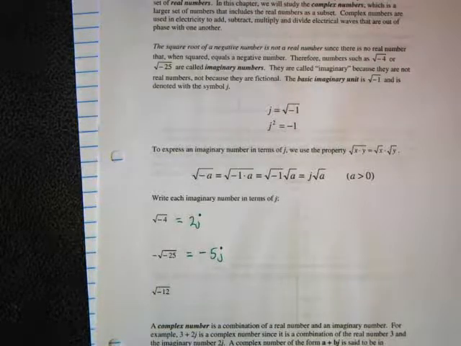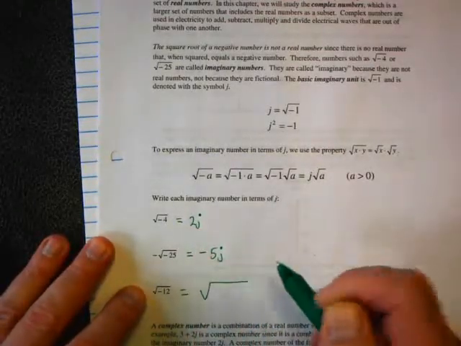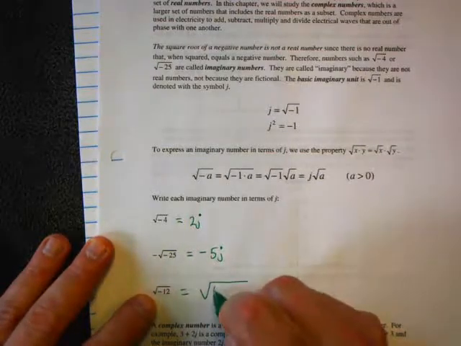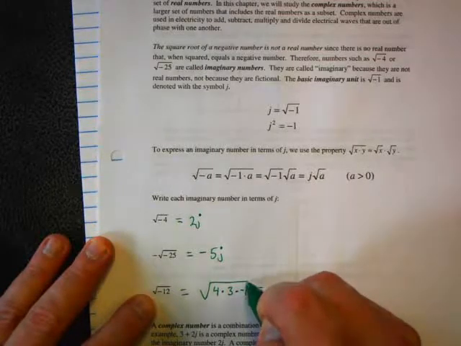How about the square root of negative 12? Close. Not 6j, but you're very, very close. What you're doing is you're saying negative 12 happens to be 4 times 3 times negative 1.